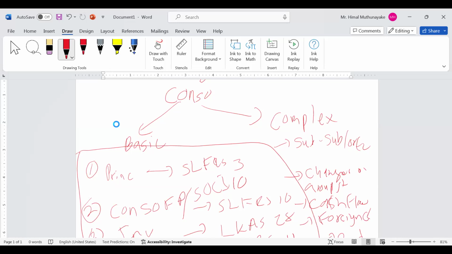And also reorganization, how we reorganize the companies, right? Those aspects we are not talking about in this syllabus, but these things also come under the complex group calculation. So at your level, we are only discussing the subsidiary or the fellow subsidiary calculation, right?